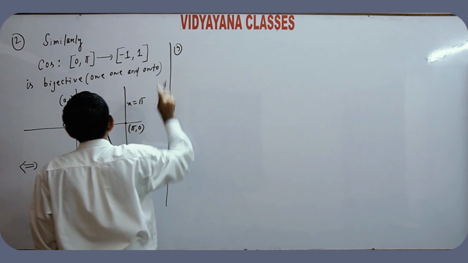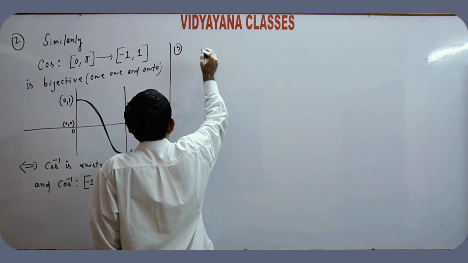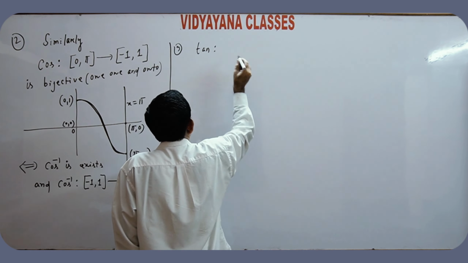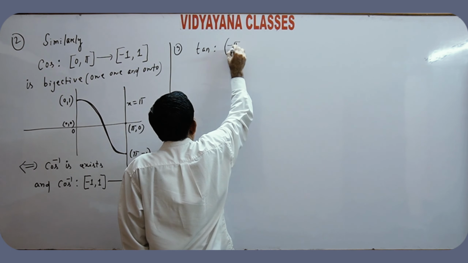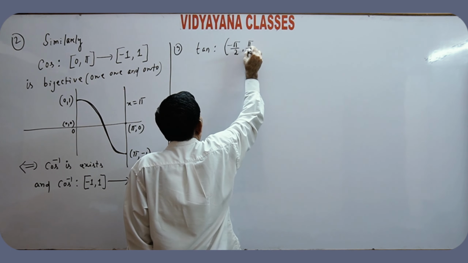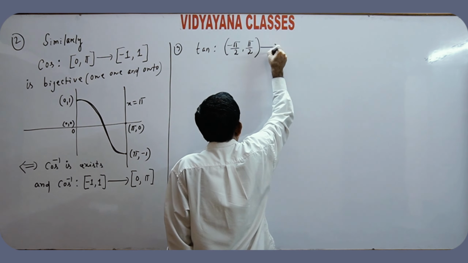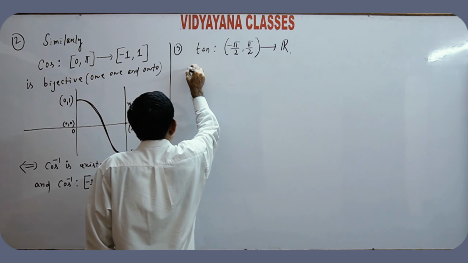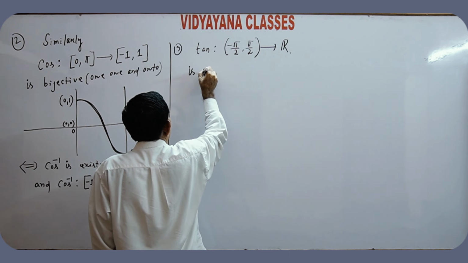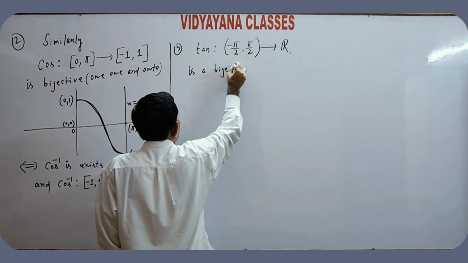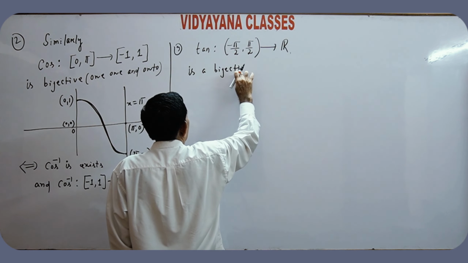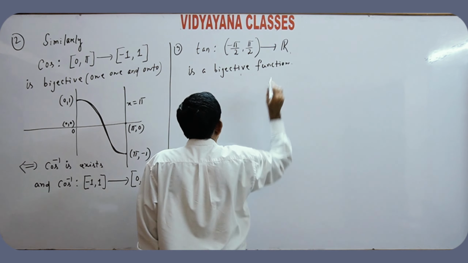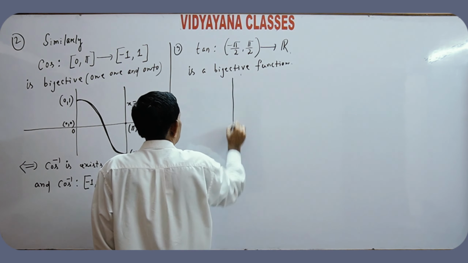Third, tan. So that tan from the open interval (-pi by 2, pi by 2) to the set of real numbers is a bijective function. The graph of the function is as follows.